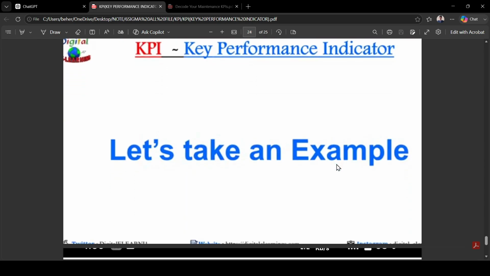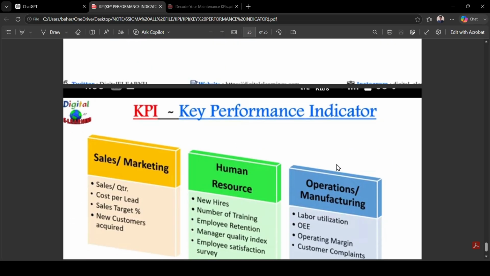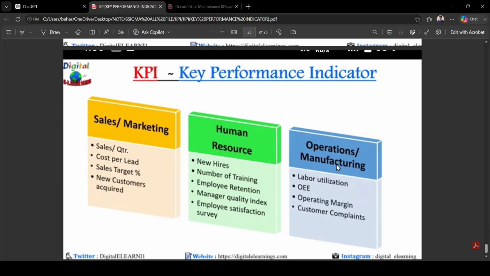So let's make an example so that you can clearly understand what KPI is. KPI, key performance indicator. Sales or marketing: sales per quarter, cost per lead, sales target percentage, new customers acquired. Human resources: new hires, number of trainings, employee retention, manager quality index, employee satisfaction survey.